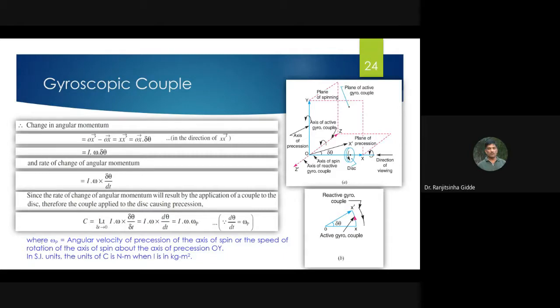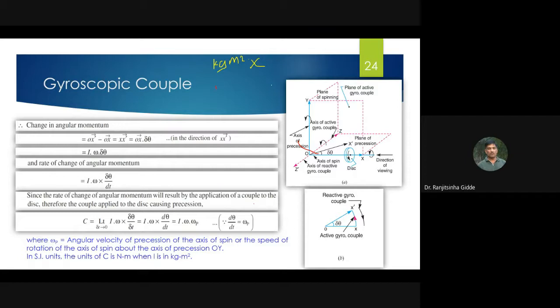Okay. Next line you can write, in SI units, the unit of couple is Newton meter when I is in kg meter square. Okay, so I is kg meter square.